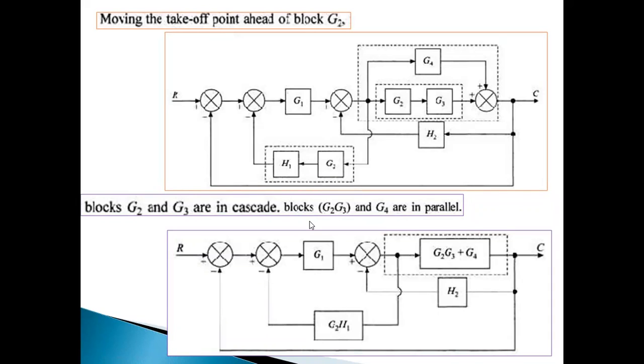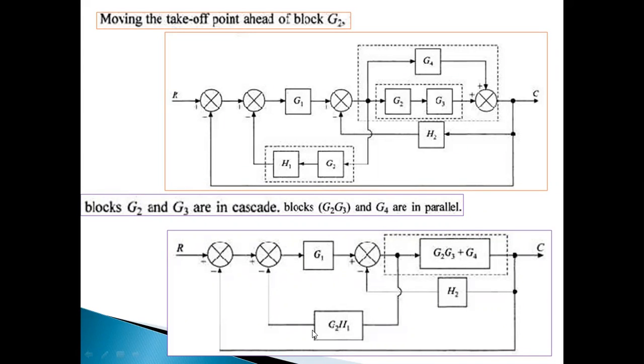Now again, if we observe this block diagram, there is a problem with this takeoff point. We can move the takeoff point after this block. If we move it in that fashion, we can eliminate this feedback H2, and then merge with the G1.